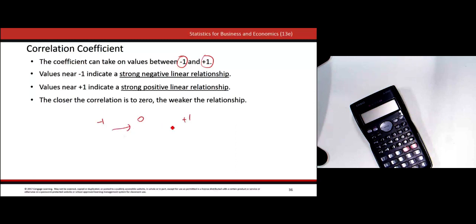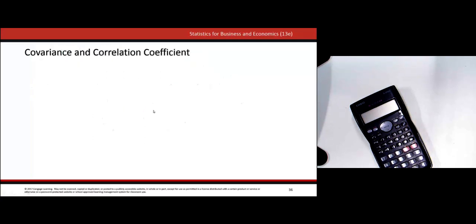The closer the correlation is to 0, the weaker the relationship. If it is +1, it's a perfect positive linear relationship. If it is -1, it's a perfect negative linear relationship.